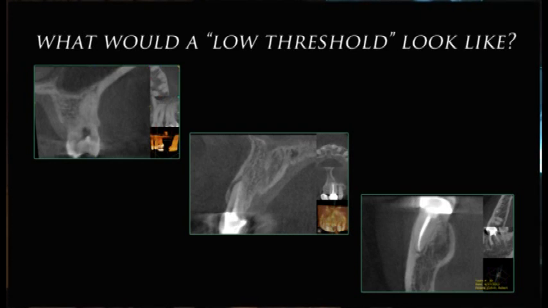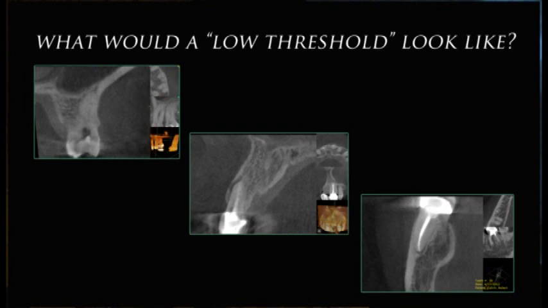Okay, so that's what a low threshold looks like. And it doesn't even have to be pathosis. It really goes to the extreme credibility or extreme skepticism. I need to know whether if I go into this tooth, if I can get into this canal. Now, do I believe the cone beam that I took here? Is this evidence of a canal being present or isn't it? It might determine my decision whether I want to go in.